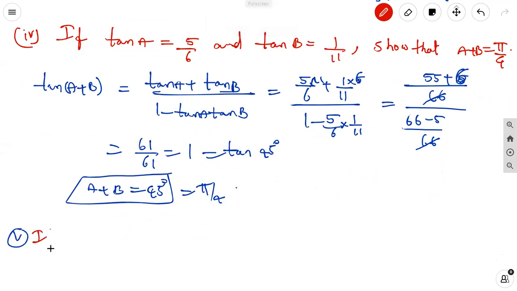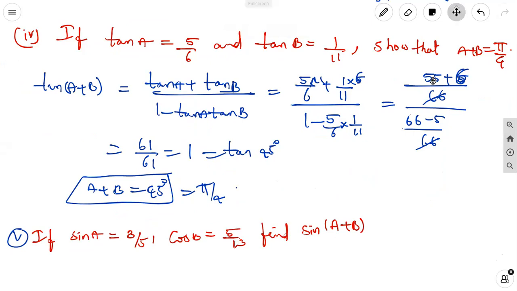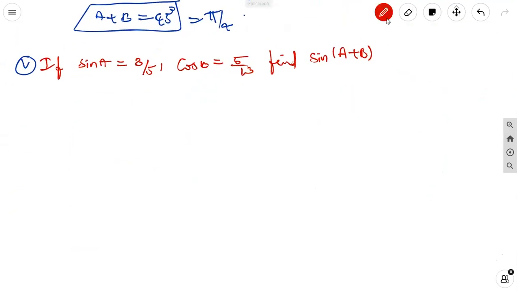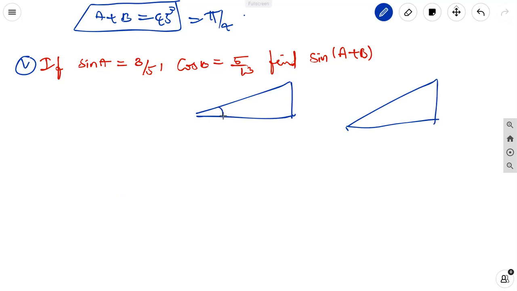If sin A equals 3 by 5 and cos B equals 5 by 13, find sin of A plus B. First, we can find out the angle A and angle B. Here A angle, it is triangle ABC.